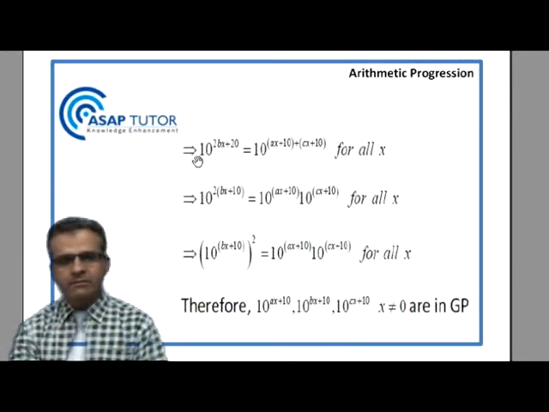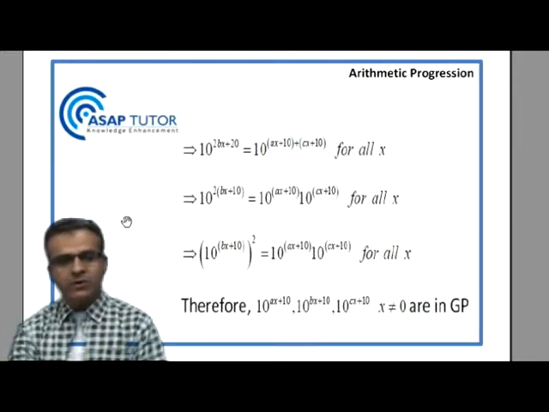So taking the powers, 10 raised to the power 2BX plus 20 will be equal to 10 raised to the power AX plus 10 plus CX plus 10. Now this plus means multiplication, so 10 raised to the power 2BX plus 20 is equal to 10 raised to the power AX plus 10 into 10 raised to the power CX plus 10 for all values of X. Now this we can write as (10 raised to the power BX plus 10) whole square is equal to 10 raised to the power AX plus 10 and 10 raised to the power CX plus 10.